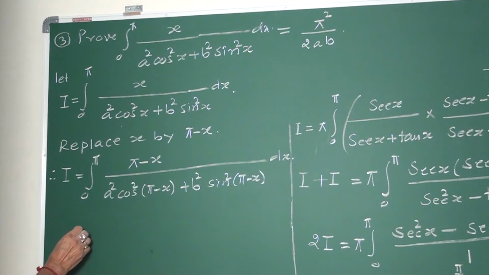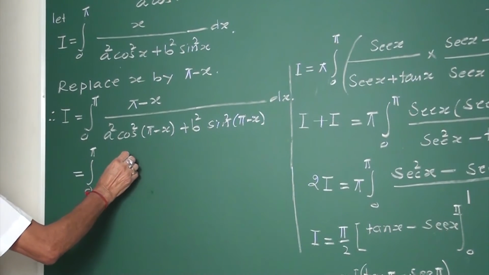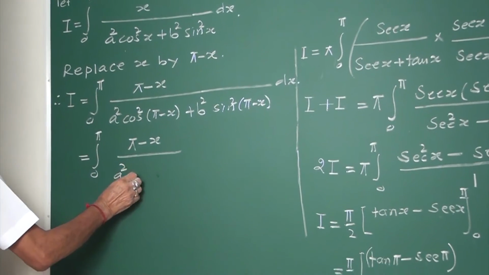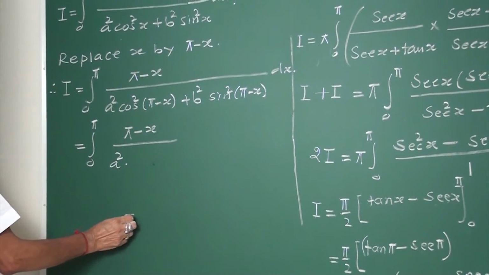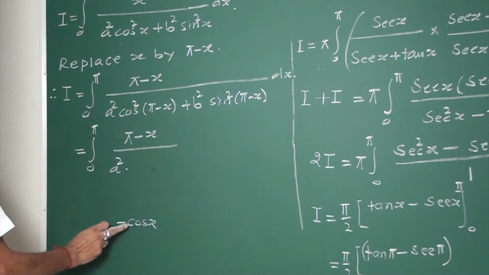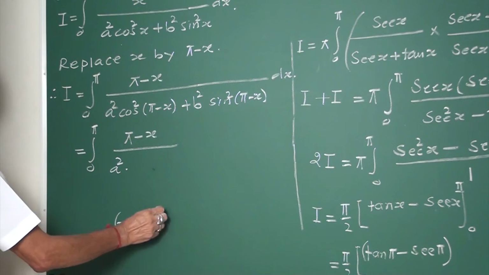About the denominator, integral 0 to pi, it is pi minus x upon a square into, it is what? Minus cos x. Pi, cos remains cos. Second quadrant minus, but square is there.